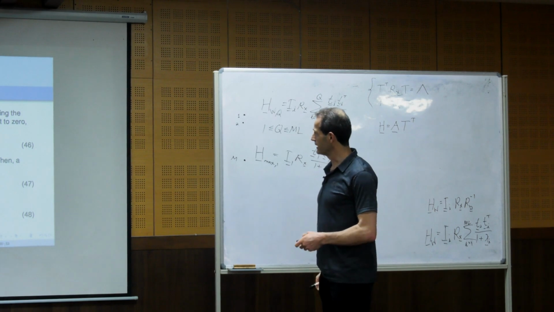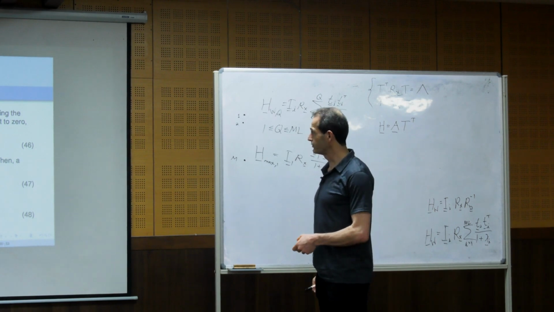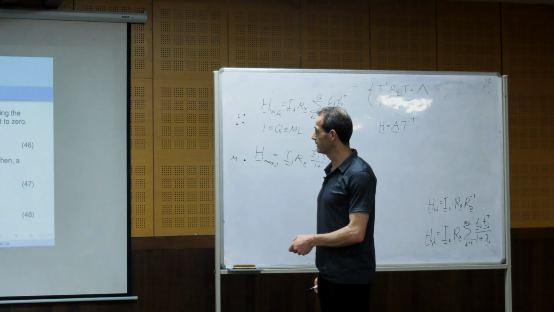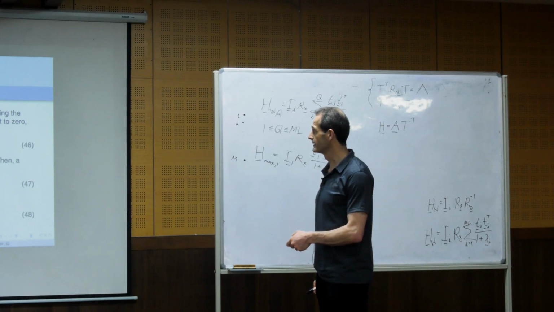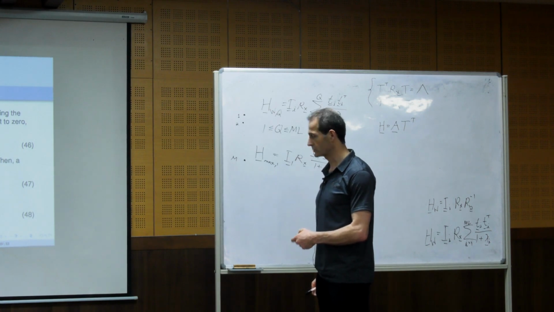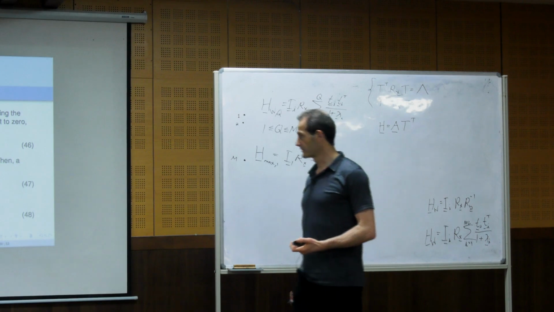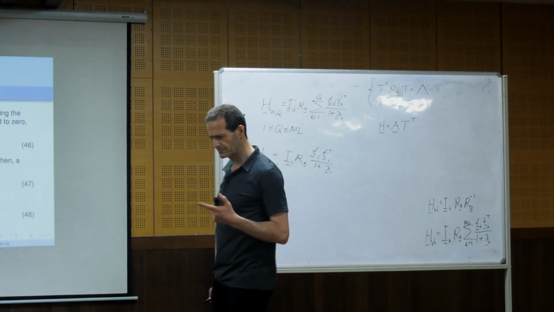So for the MVDR, we need to find the optimal A such that we get maximum noise reduction without any distortion. So how do we do that?